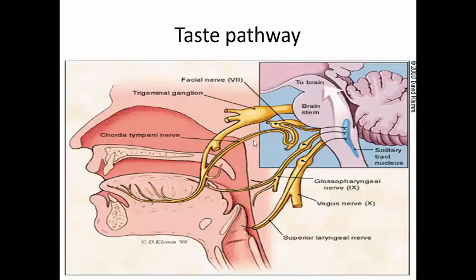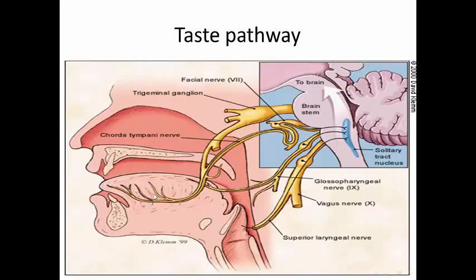After we know that the taste bud is the functional unit and has taste cells, these taste cells will be stimulated by the tastant particles, which will initiate action potentials that travel along the nerve into the brain. But there are three specific cranial nerves responsible for the transmission of taste signals into the brain.